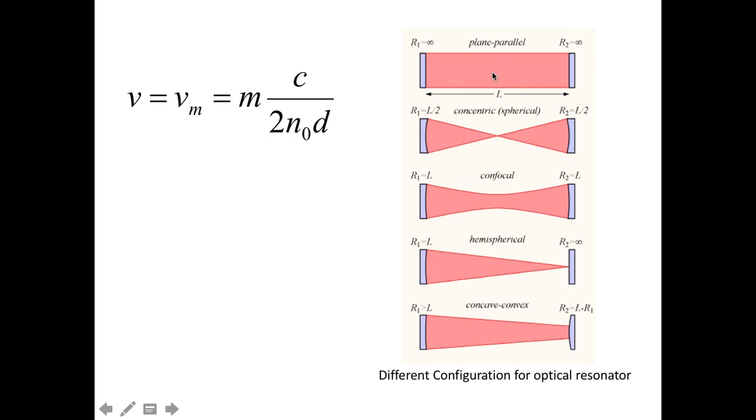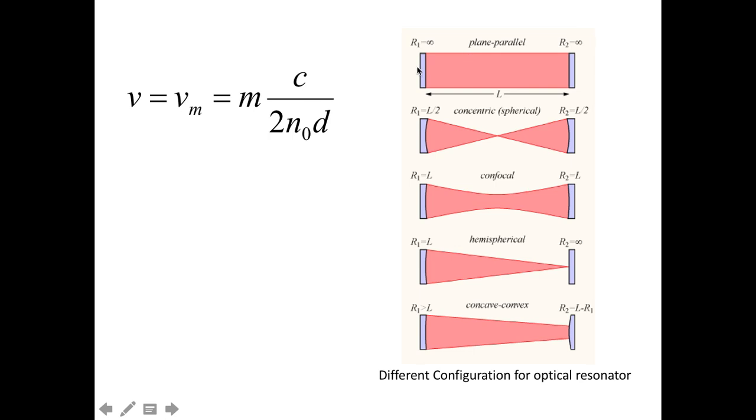So the first one is the plane parallel optical resonator. This arrangement is rarely used in large scale lasers due to the difficulty of alignment. A mirror has to be perfectly aligned, parallel within a few seconds of arc.